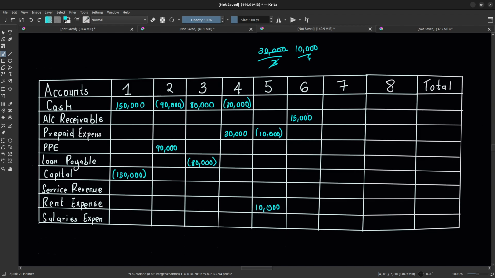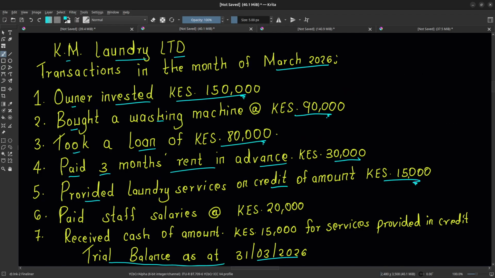An account receivable is an asset account. And then you also need to recognize an increase to your service revenue for providing that service. And to increase a revenue account, what do you do? You credit.